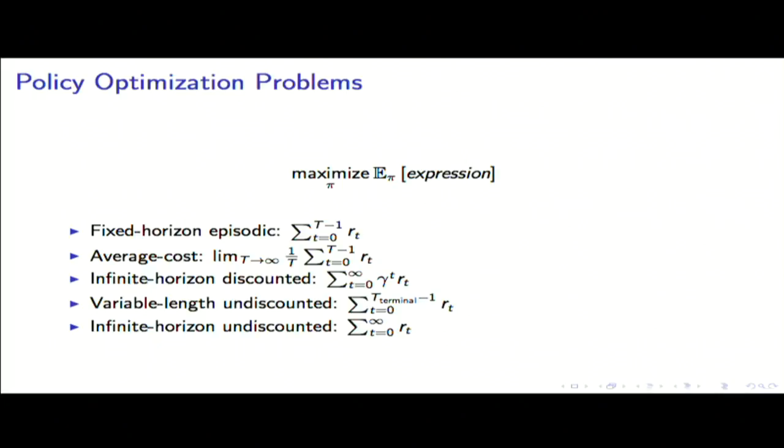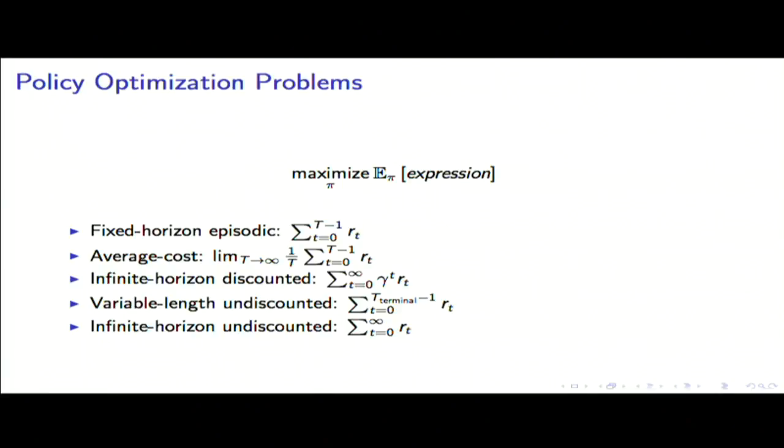For example, if you have a robotic control problem, you might say that when the robot falls over, you call that the end of the episode. So this would correspond to a formulation where you have a variable length in the trajectories. And lastly, we might have infinite length trajectories, but the MDP is set up in a way that the sum always ends up being finite.